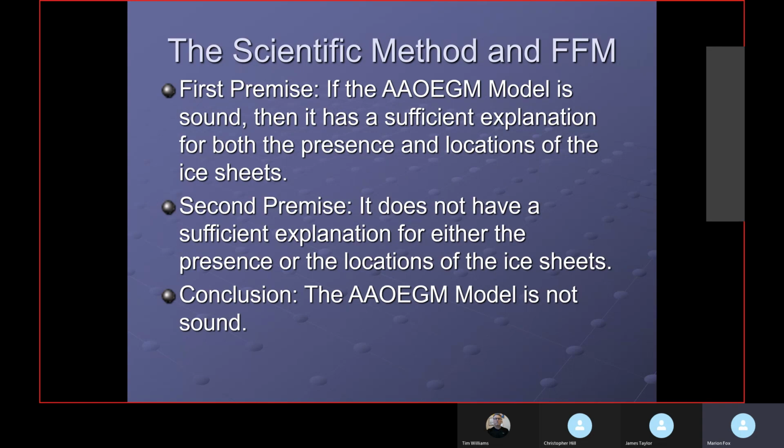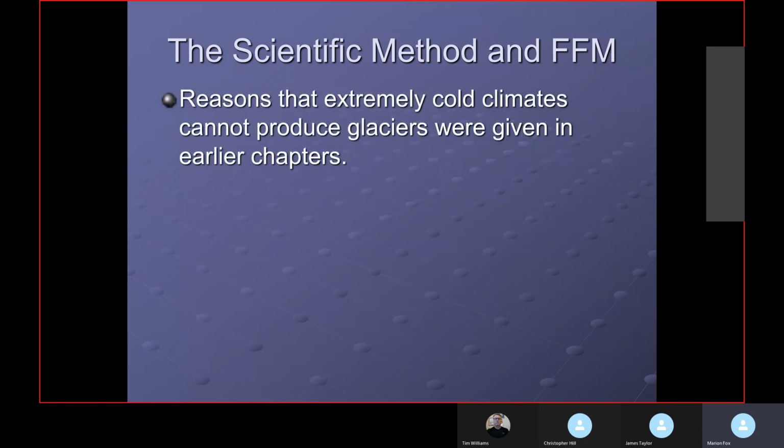It puts the ice in the wrong locations, and it has no way of getting the snow there to make the ice several miles thick, like we have it at the North and South Pole, and Greenland and Antarctica. Reasons that extremely cold climates cannot produce glaciers were given in earlier chapters. We documented it from other sources, not just Marion Fox, but from reputable scientists.